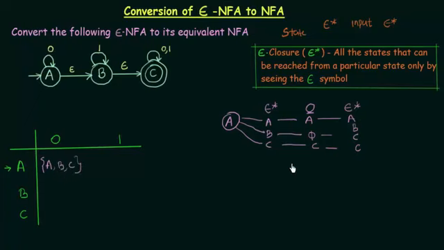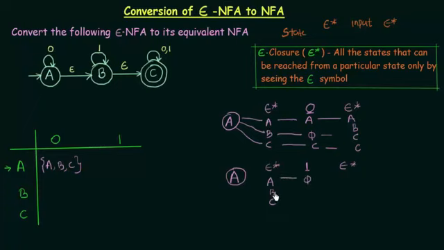Alright, now let's do the same thing for input 1. The state is A, so we find the Epsilon closure, then the input 1, and then again the Epsilon closure. A's Epsilon closure is A, B, C, as we already found. On input 1, where does A go? A does not go anywhere, so A goes to phi.